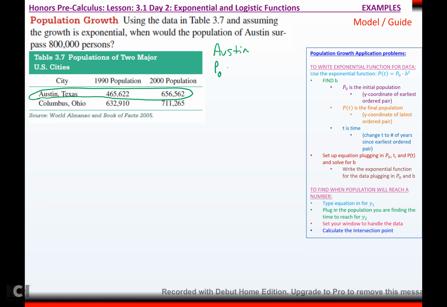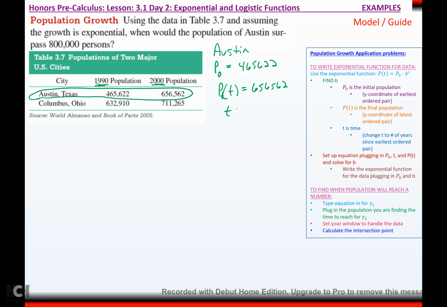the initial population was 465,622 because that was the earliest year. The final population, P sub t, or P of t, I should say, is the latest population, which is 656,562. Yes?